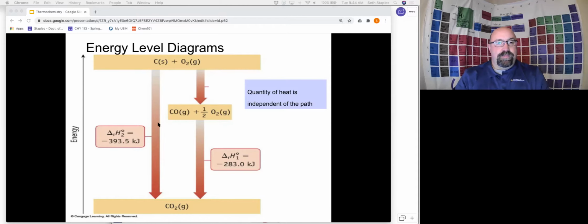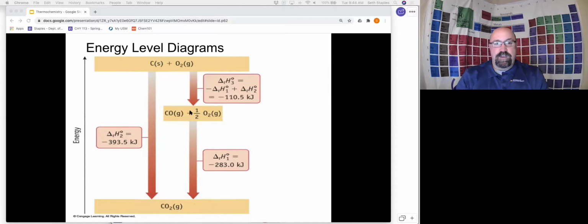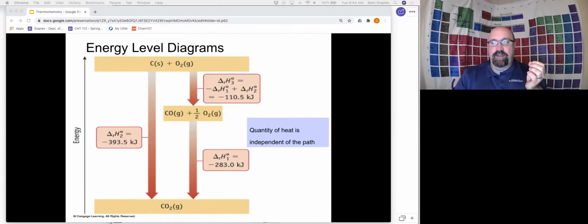And so if we're going this route here, this first energy difference, negative 393.5, and then plus 283, gives us an overall energy difference in this equation of negative 110.5. That's Hess's law. It's using information that we have to get to where we actually want to be. The quantity of the heat is independent of the path that we actually take to get there. And so this showed us what it looks like in diagram form. Let's take a look at what this would look like if we're performing a Hess's law problem, so to speak.